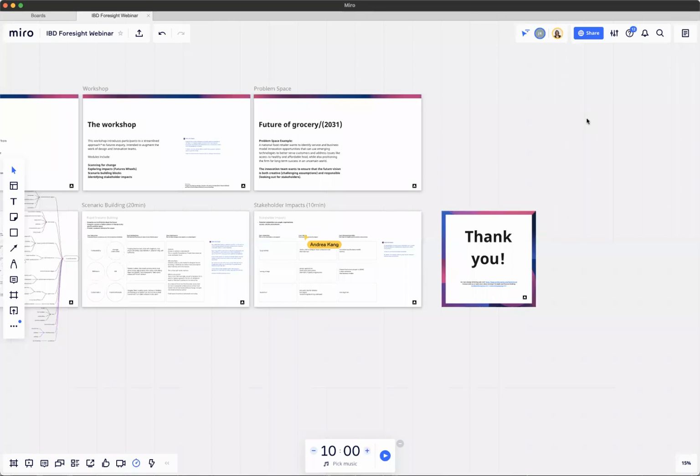And also just making sure that people have permission to suggest ridiculous things. So there's no wrong answer in a futures wheel. And I think the more you create that kind of inclusive and participatory environment, the better off everyone will be.